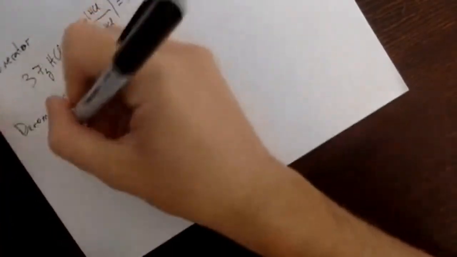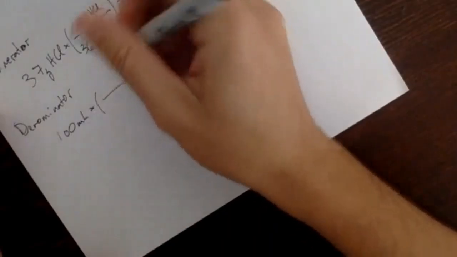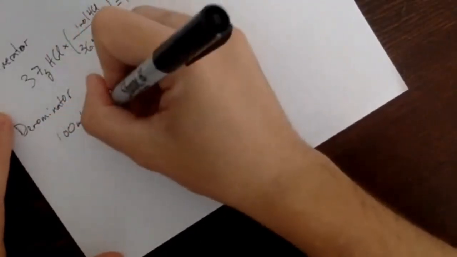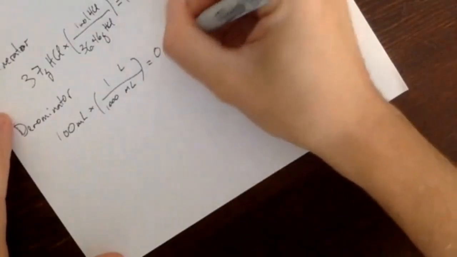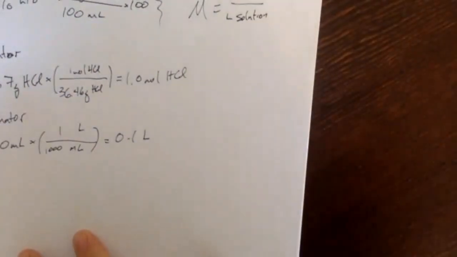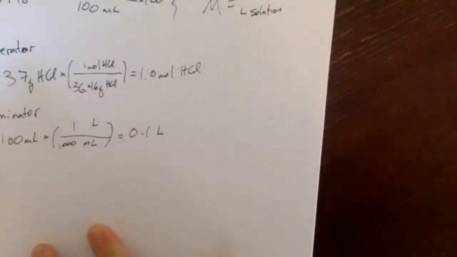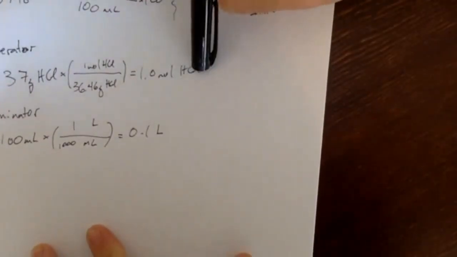I have 100 milliliters. I want to turn it into liters. That's my volume unit by definition for molarity. So 1,000 milliliters for every 1 liter, I get 0.1 liters. So I've taken my 37 grams, turned it into 1 mole of HCl.